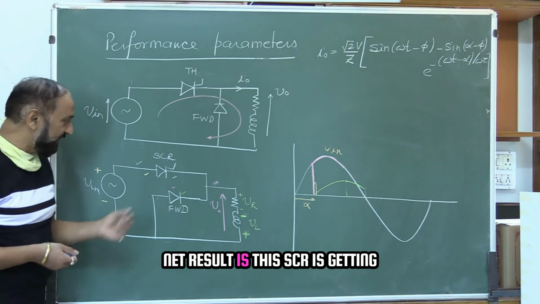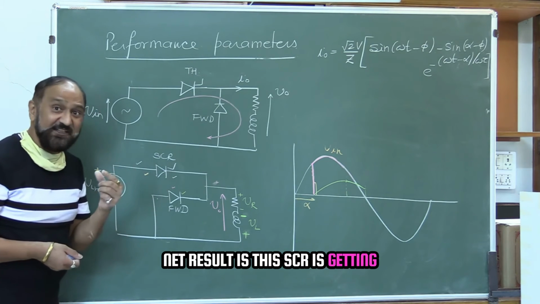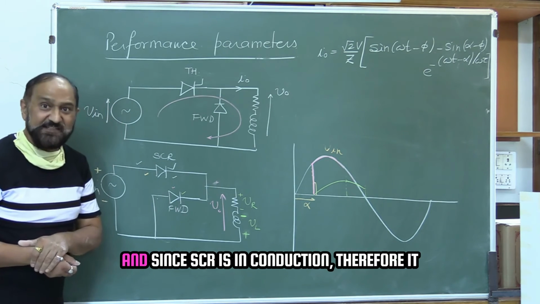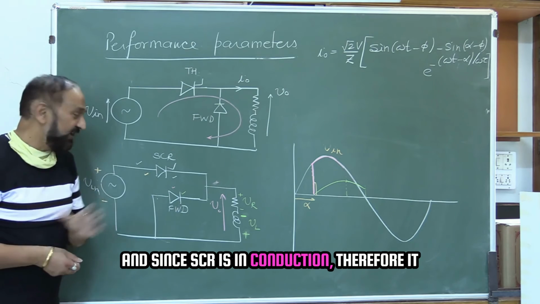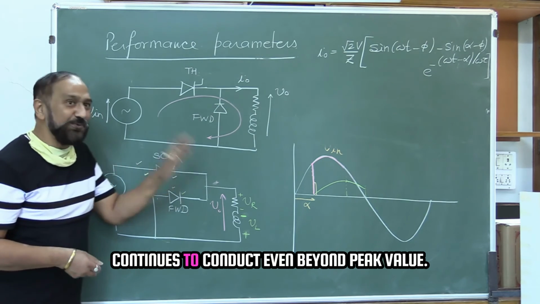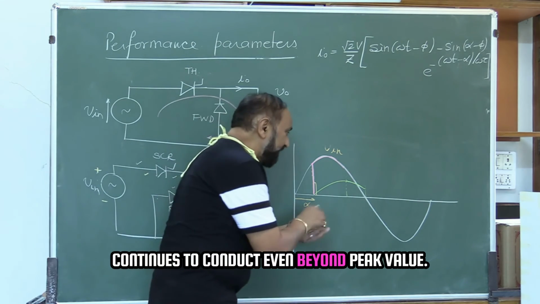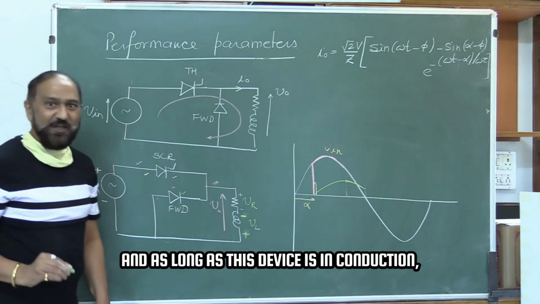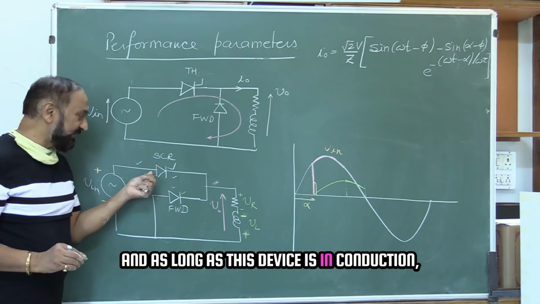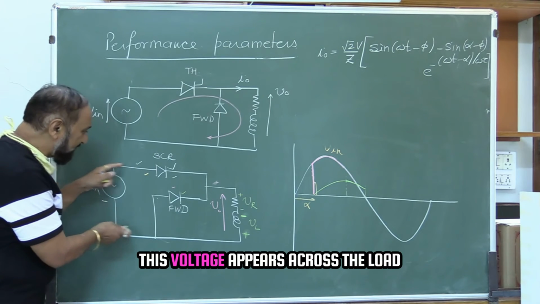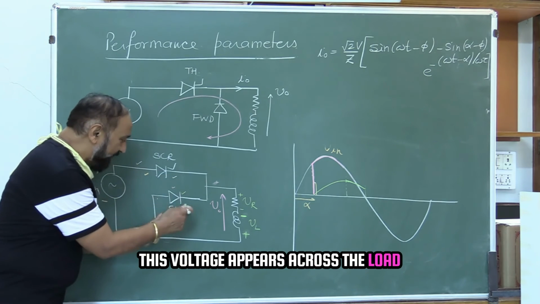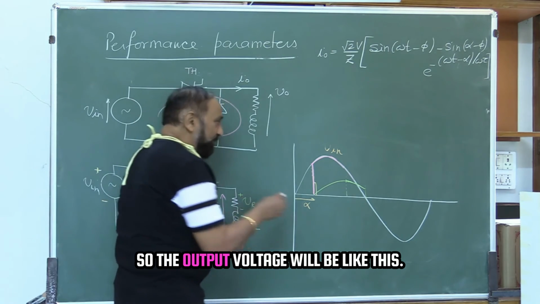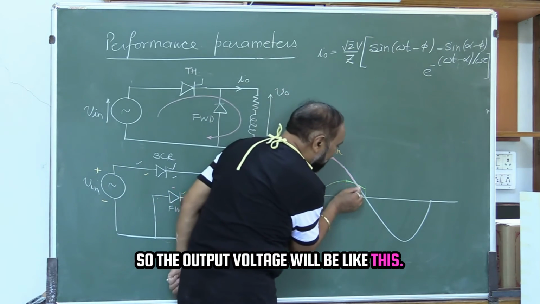Net result is this SCR is getting more forward bias than this diode, and since SCR is in conduction, it continues to conduct even beyond peak value. And as long as this device is in conduction, this voltage appears across the load, making this freewheeling diode reverse bias. So the output voltage will be like this.